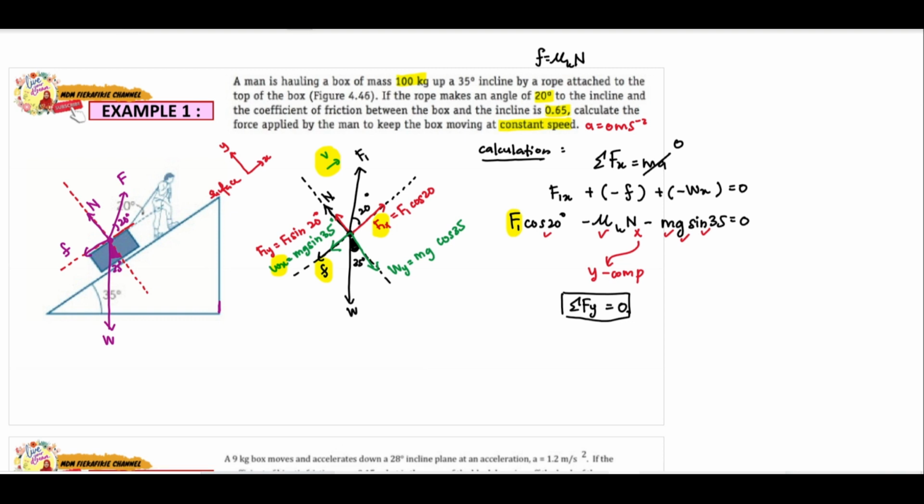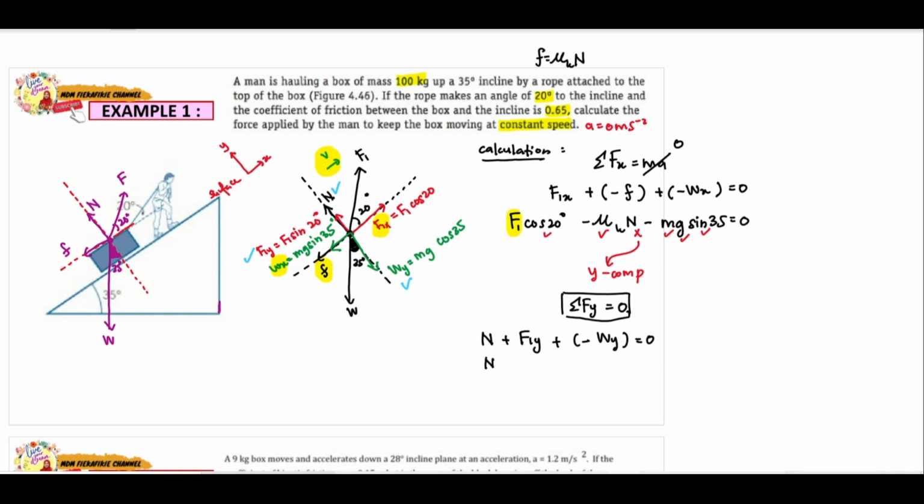So kita ada normal 1, kita ada F1y 2 dan Wy 3. So since direction of normal and F1y is upward, so saya akan tulis n as positive value plus F1y plus negative Wy. Because the direction of Wy is downward, so saya letak negatif menunjukkan dia opposite direction dengan normal dan F1y. So it's equal to 0.